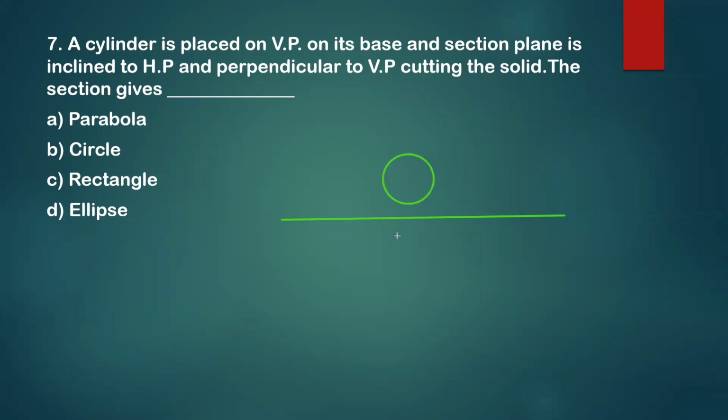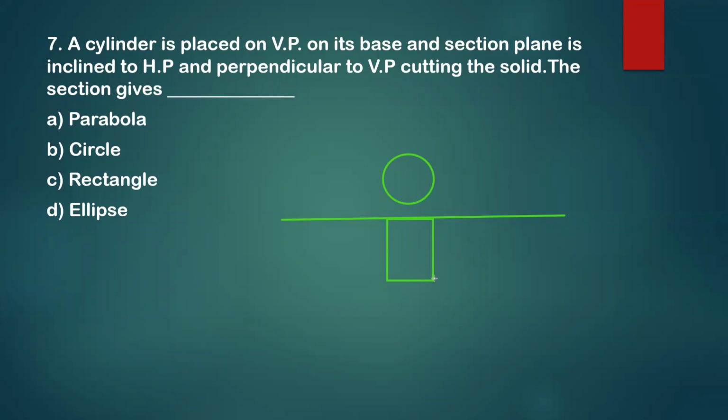Like this, the front view will be a circle, then definitely its top view will be a rectangle. This is the condition. The cylinder is placed on the VP on its base, so we get a circle in the front and a rectangle in the top. Now we'll check how the section plane or cutting plane is.